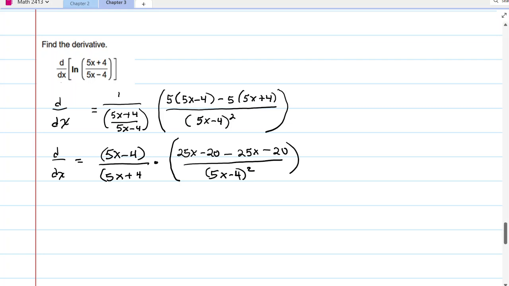Right, I'm going to look for additive inverses. It's kind of like a pattern, isn't it? I know. If you can see that, that's awesome.